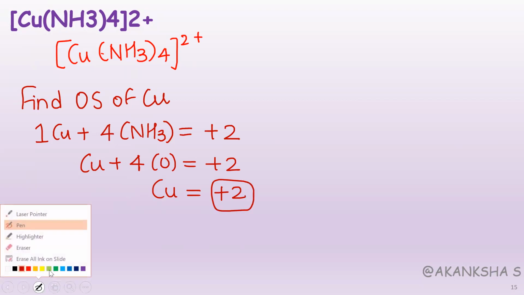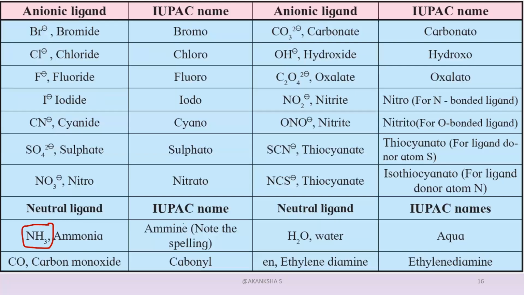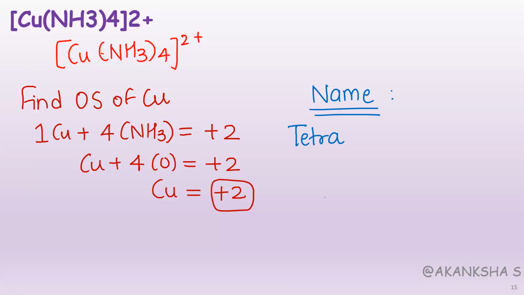Let's try naming it. You can pause the video over here, name it yourself first, and then you can restart. No problem. How many ligands do we have? We have 4 ligands. So we get tetra. Tetra what? Tetraammine, not 1 M. We have 2 M. So please make sure you give that spelling. Ammine.